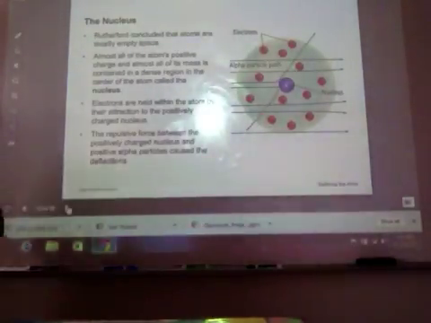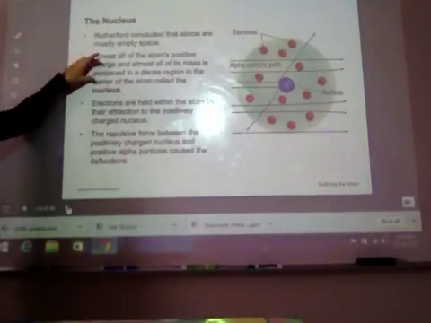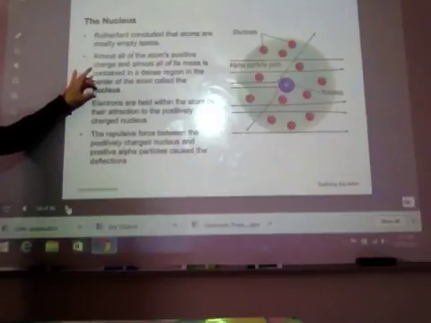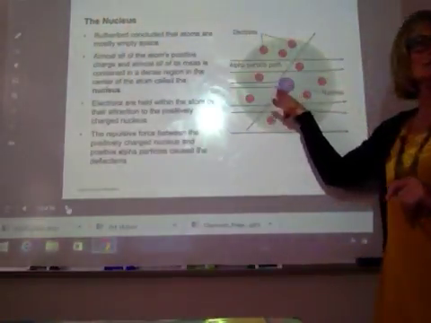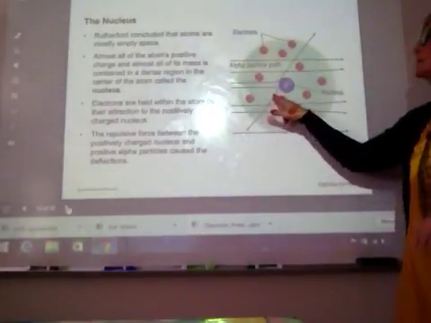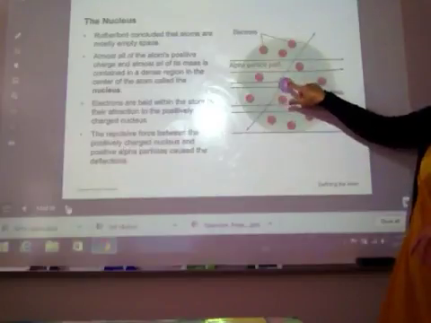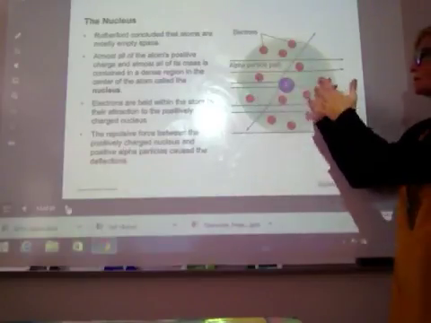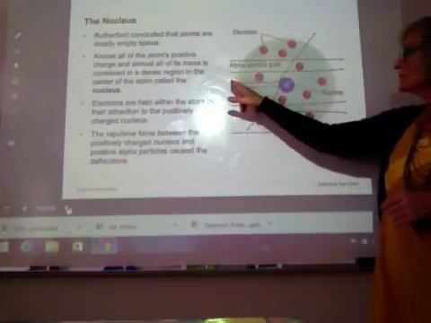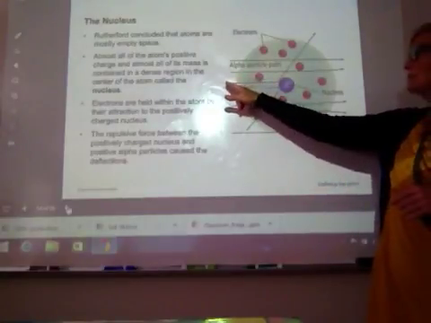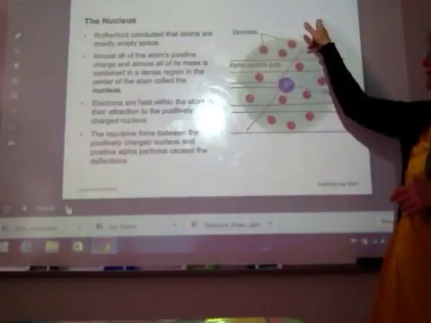So, mostly empty space. All of the positive part was found in the nucleus, which is kind of towards the center. Electrons are held to this because positive and negatives attract, so that holds the atom together. When a positive particle would hit the nucleus, it would bounce off.